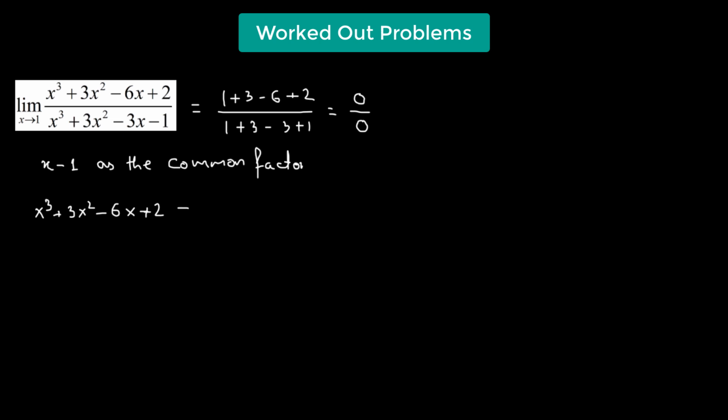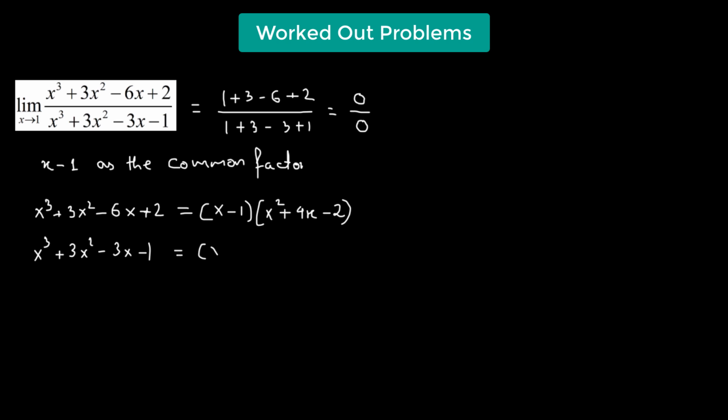Then this will give us x minus 1 times x squared plus 4x minus 2. Then we factorize the denominator, which is x cubed plus 3x squared minus 3x minus 1, by dividing it with x minus 1.